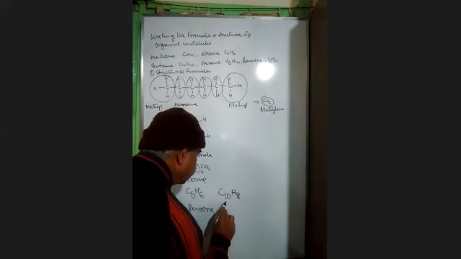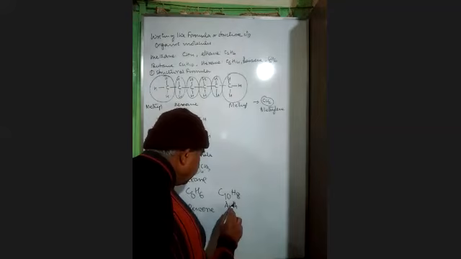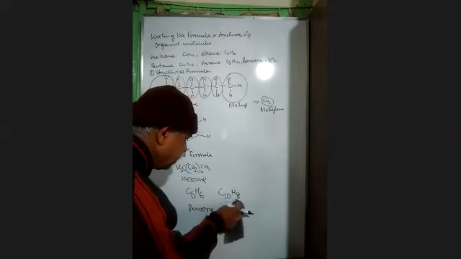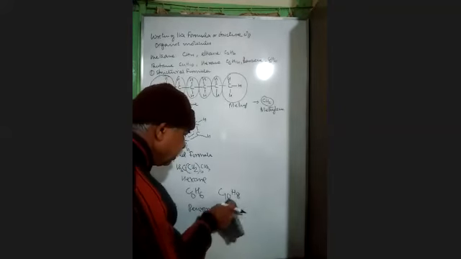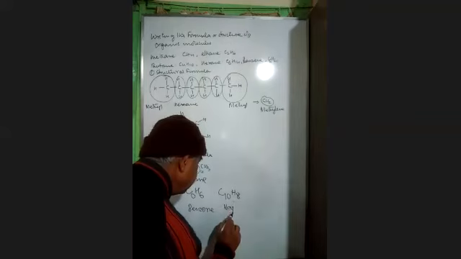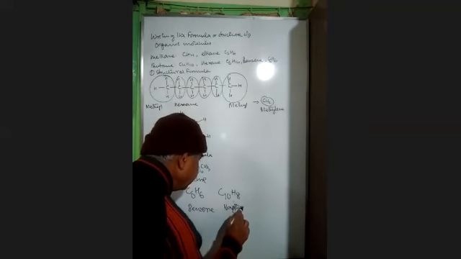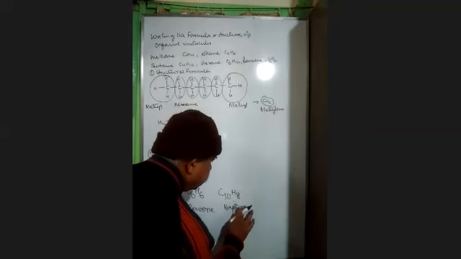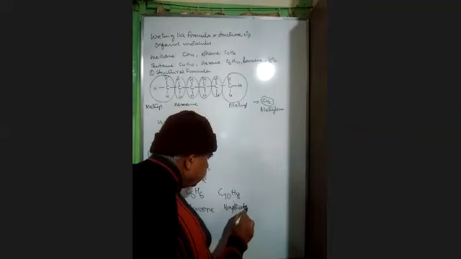After a few days, you yourself will write it. This is called naphthalene. So these are the condensed formulas.